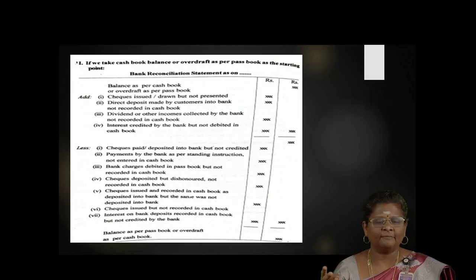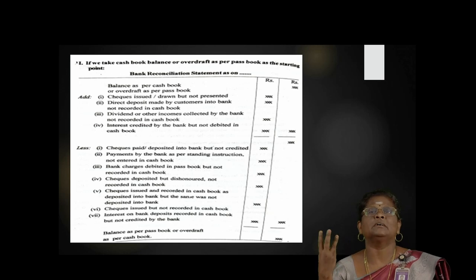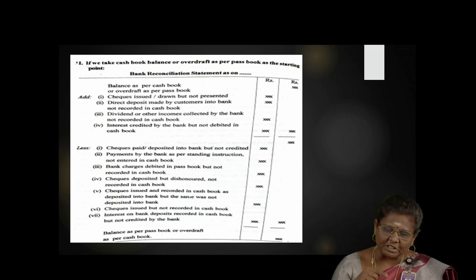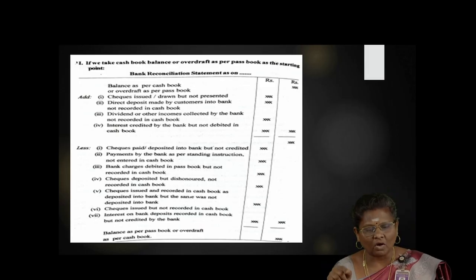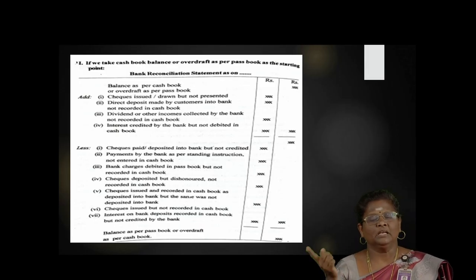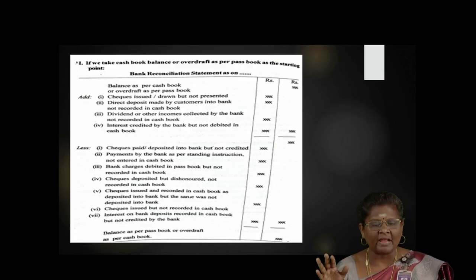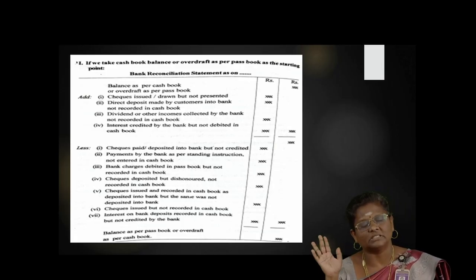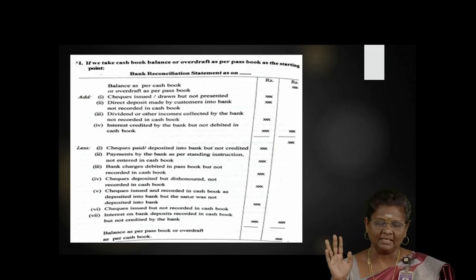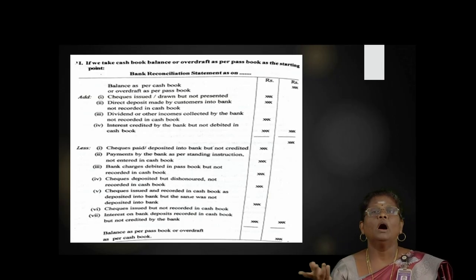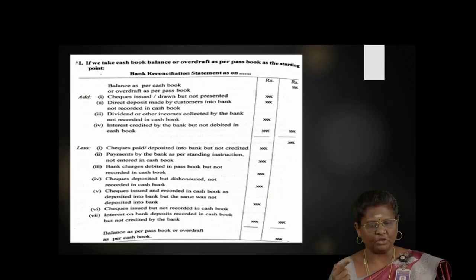At the same time, checks deposited but dishonored, and checks issued and recorded in the cash book as deposited into bank, but the same was not deposited into bank. In that case also, and checks issued but not recorded in the cash book.